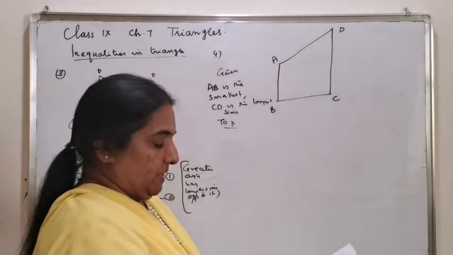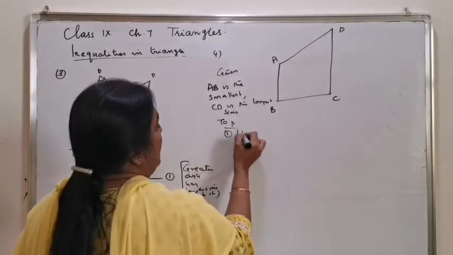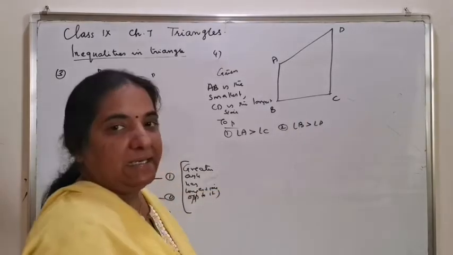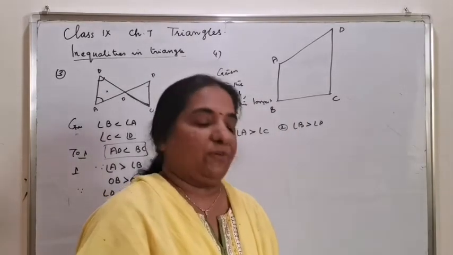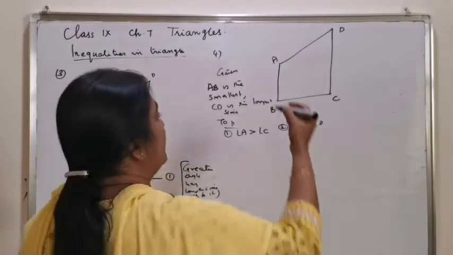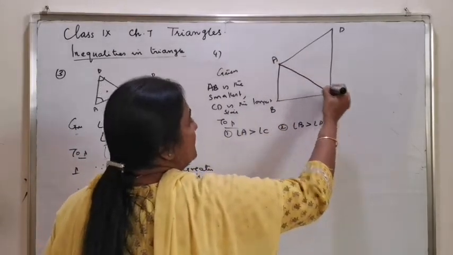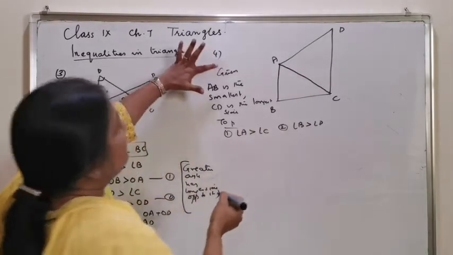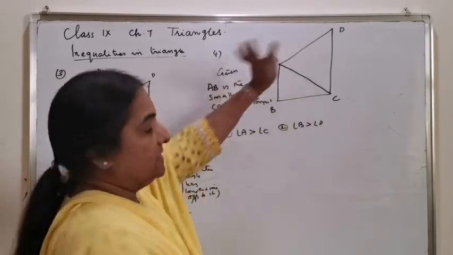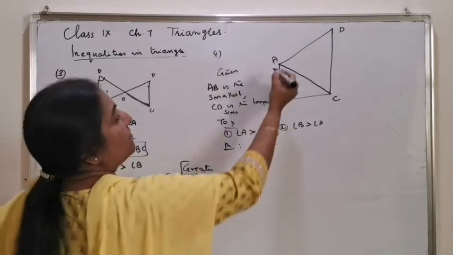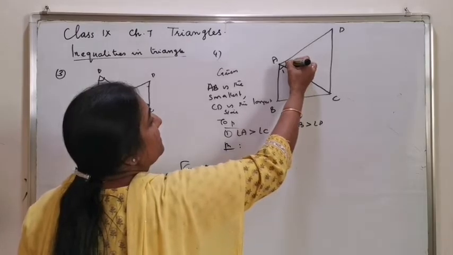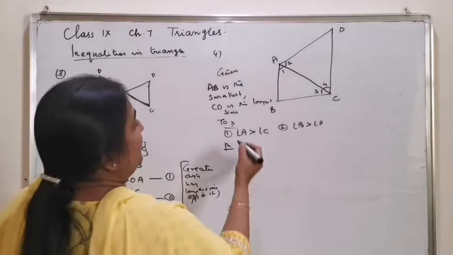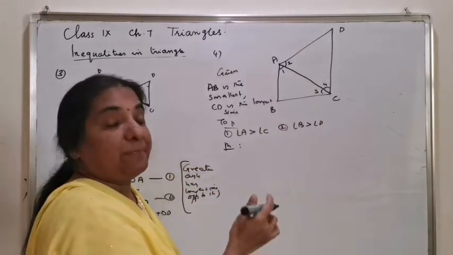What is to prove is, the first one, angle A greater than angle C, and the second one, angle B greater than angle D. Now, to prove angle A greater than angle C, just join these two and mark the angles as per, we will take both the triangles. Now, proof, mark the angles. Take the triangles separately.